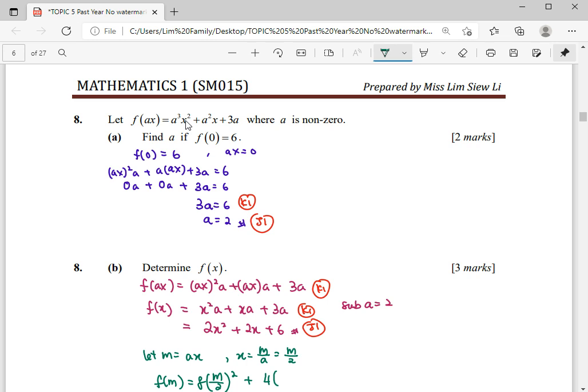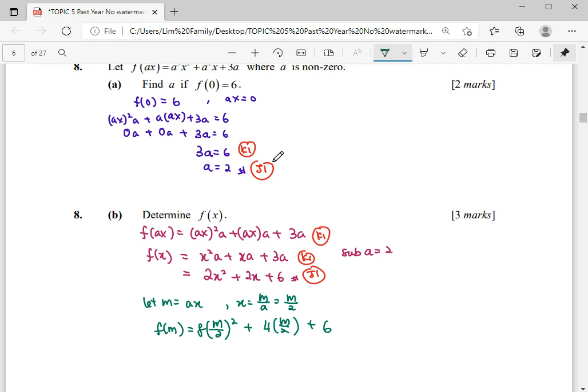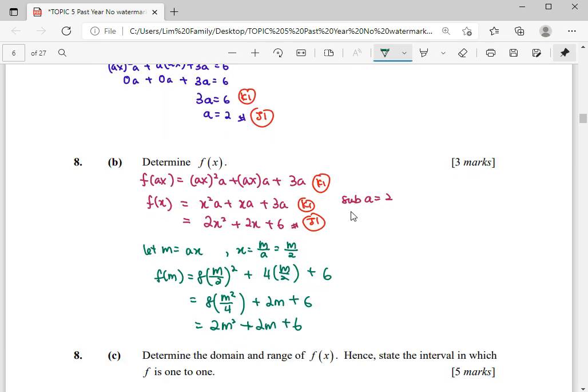What's your x here in terms of m? m over 2. And then 3a, which is 6. And we simplify this. m squared over 4, here is 2m. So you still get 2m squared plus 2m plus 6. So this is how we get our f(x) also.